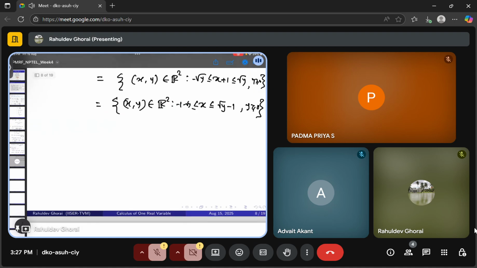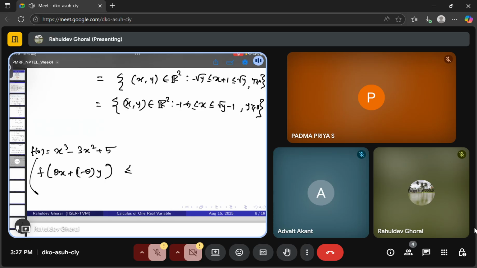What about this function? x cube minus 3x square plus 5. That is also easy. You don't need to show that theta x plus 1 minus theta y is less than or equal to this thing, that will be very difficult, right?